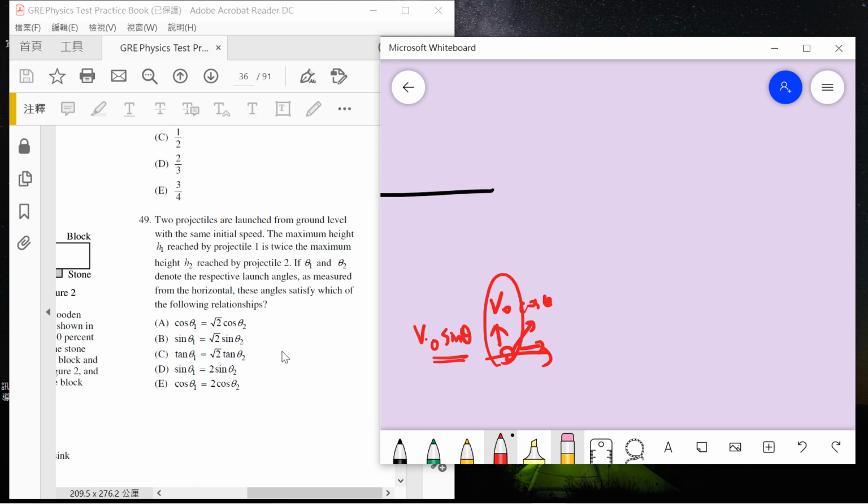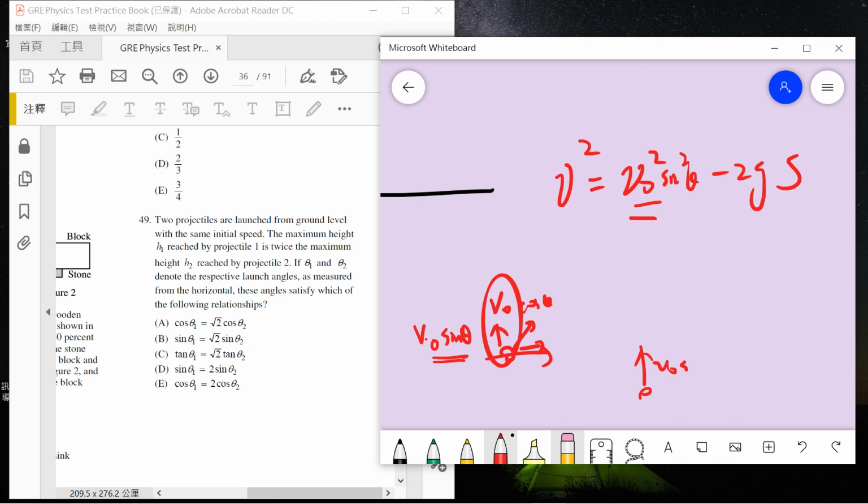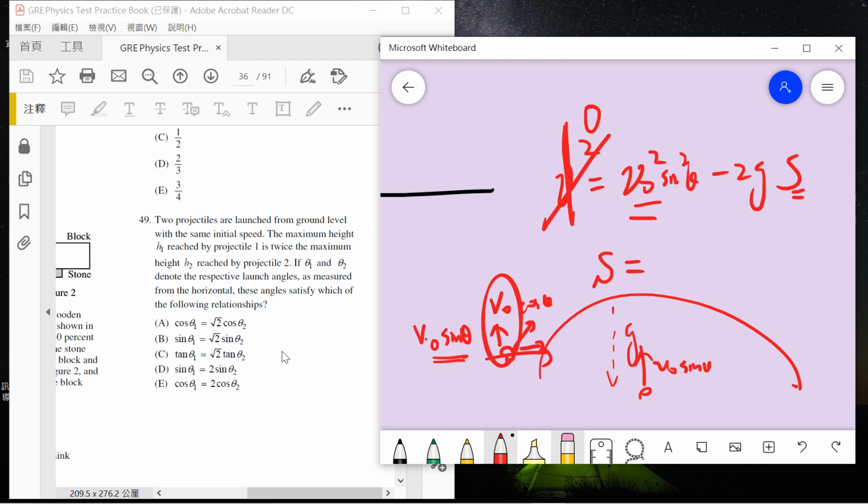There's a formula that v squared equals v naught sine theta squared minus 2gs, because v naught sine theta is in the y direction, and there's gravitational acceleration. When the velocity is 0, s reaches its maximum. In our notation, this should be called h. So h is v naught squared sine theta squared divided by 2g.